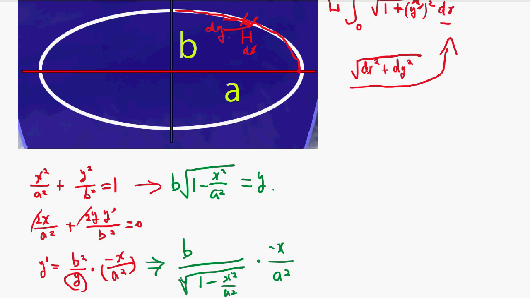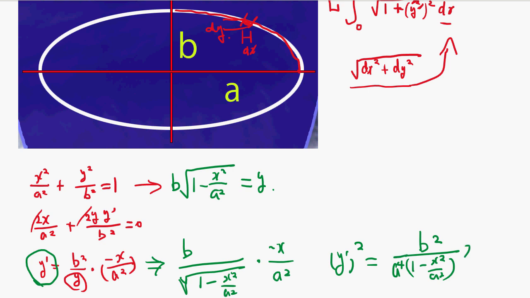Okay, so that whole thing has to be squared and plus 1, right? So y prime squared is going to be b squared x squared over a to the fourth times (1 minus x squared over a squared).